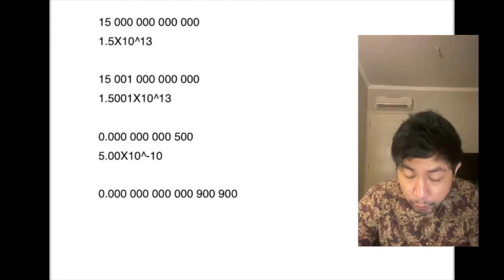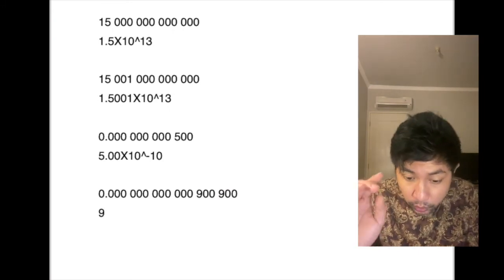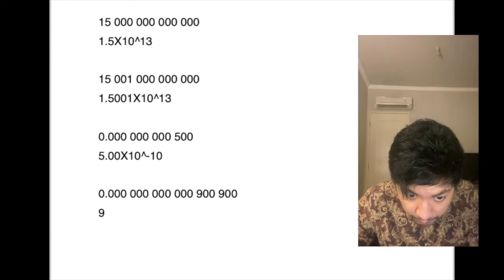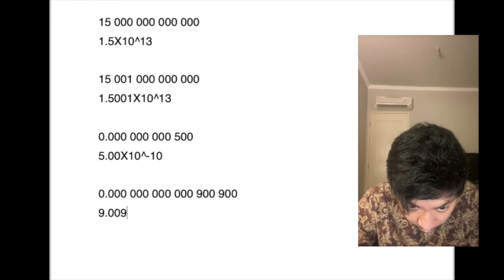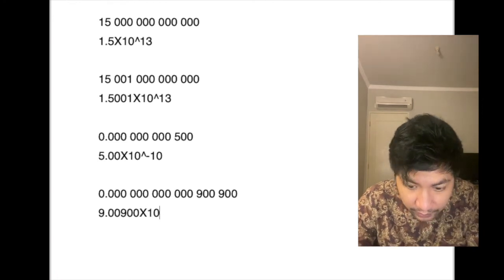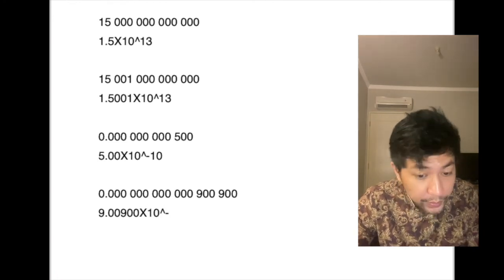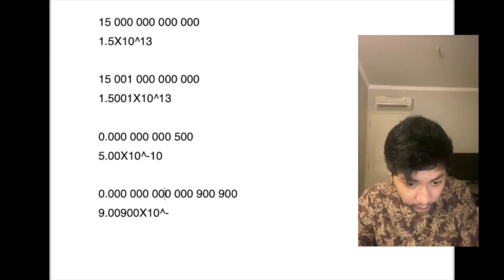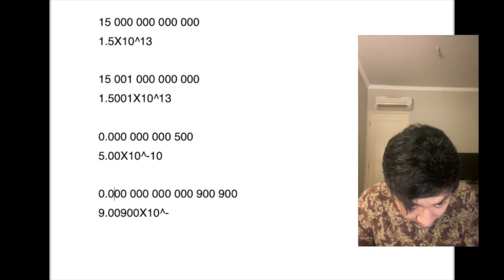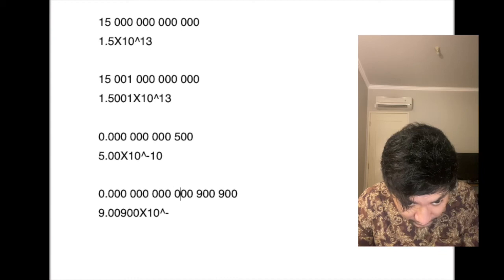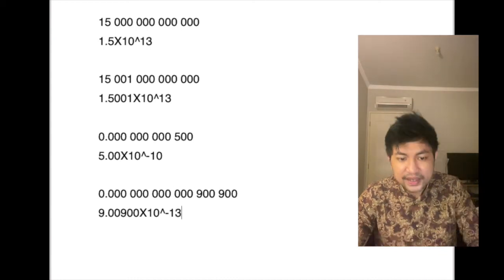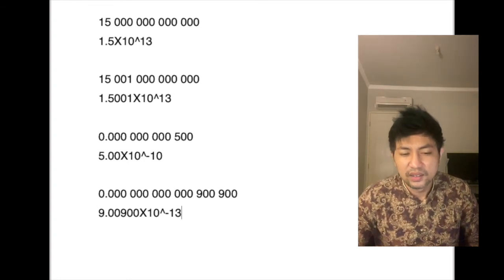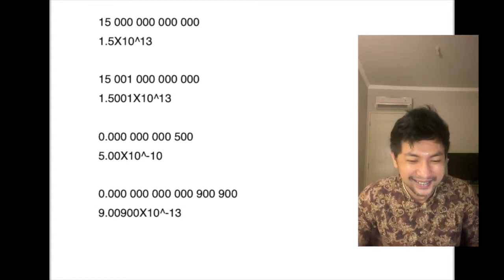The mantissa has only one whole number, then a decimal point, then the significant figures, times 10 raised to some power. We know it's smaller than 1, so it should be negative. How many times did we move the decimal point? 3, 6, 9, 12, 13. We moved it 13 times. I kind of love 13.